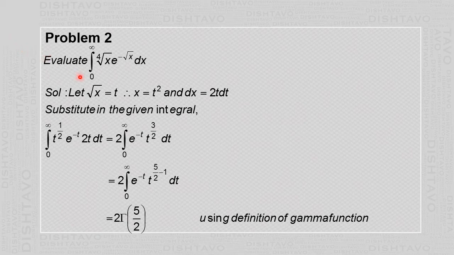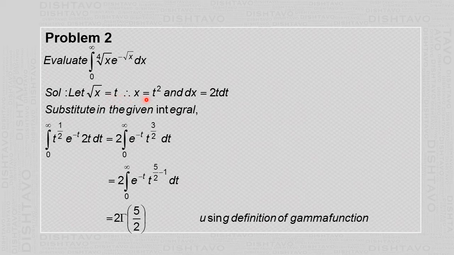Here we have to find the integral from 0 to infinity of fourth root of x into e raised to minus root of x. So in order to convert this into the gamma function, we substitute root of x equal to t. Therefore x equals t square.